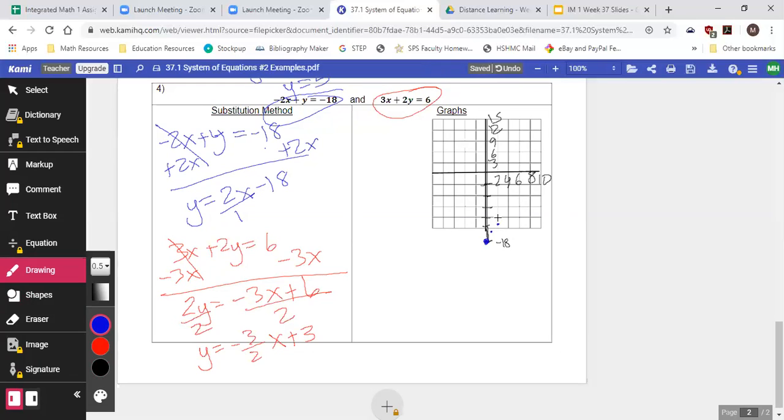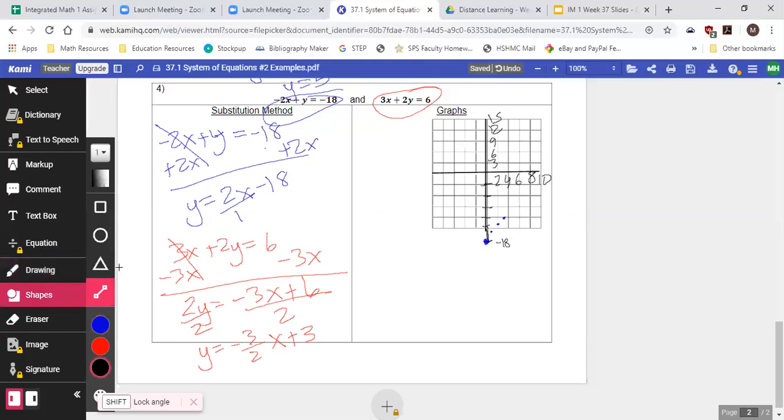Up to 13, 12, 1 to the right. So I have my graph right there. And we'll connect my points. And the line should look something like this.